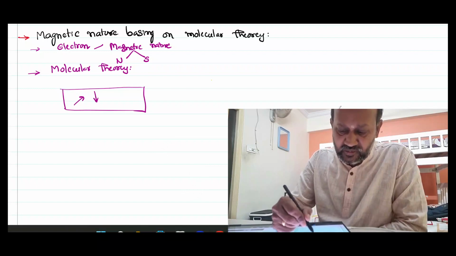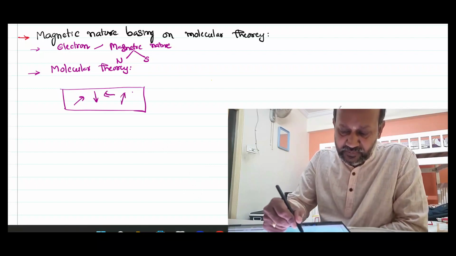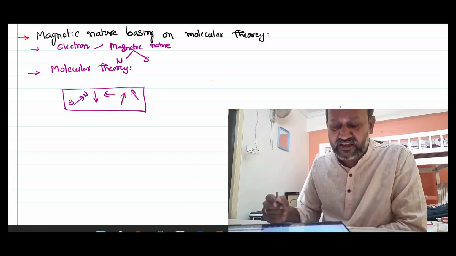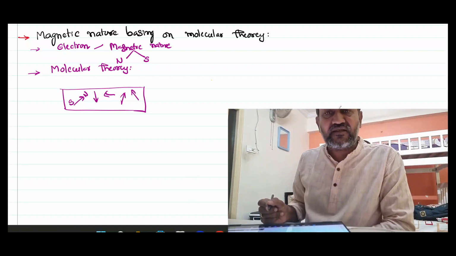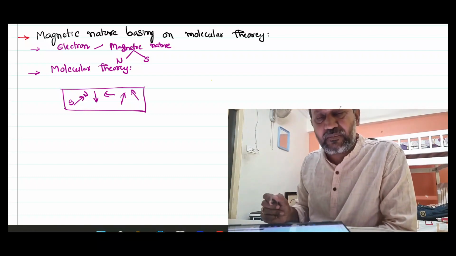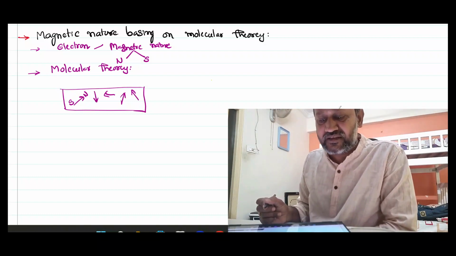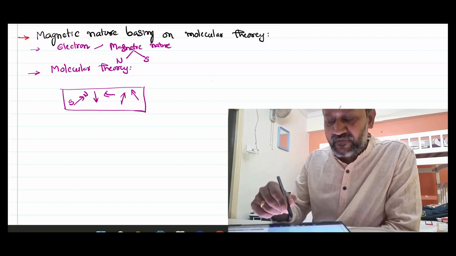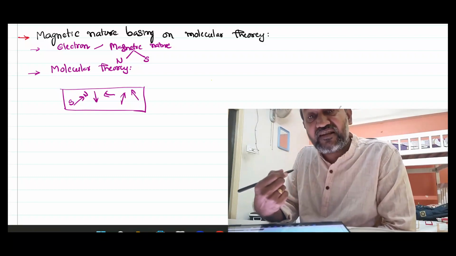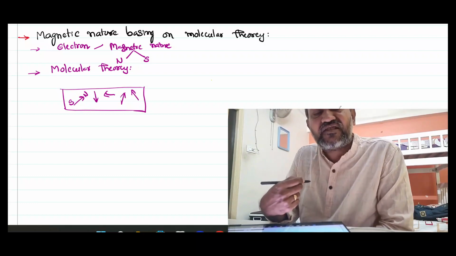Each molecule behaves like a tiny magnet. So the arrow that I'm showing is a north pole for each tiny magnet, and the other end is the south pole. Even that small piece, a molecule, behaves like a magnet, and the effective nature of all these molecules together decides the nature of that material itself, right?